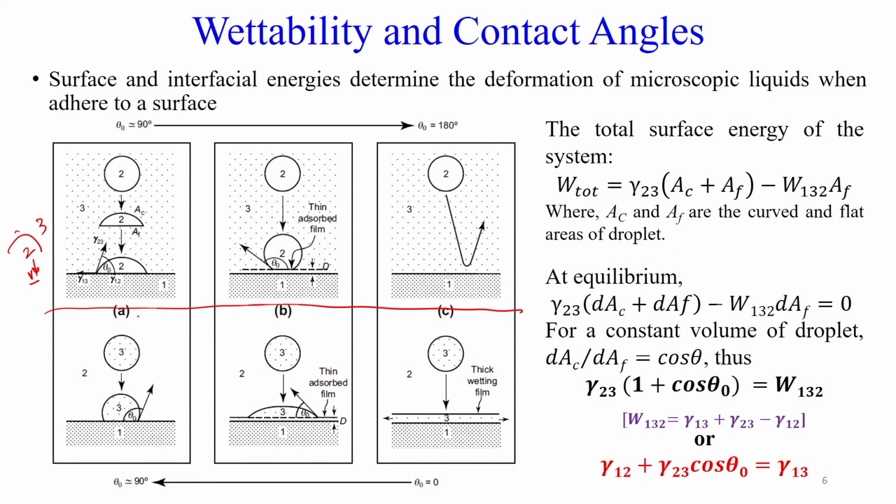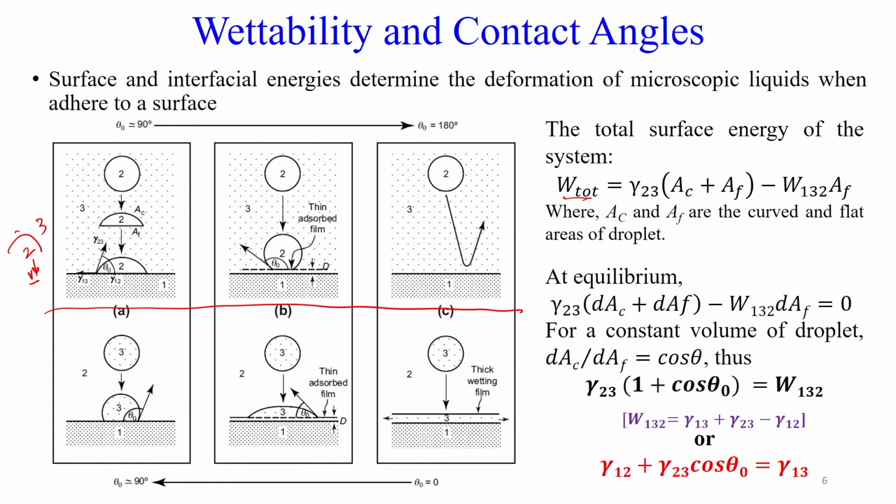So, if you want to calculate here work of adhesion, total adhesion will be, let us say this particular area is the AC and this particular area is the AF. So, gamma 2 3, the interaction between 2 and 3, will act upon both the surfaces.